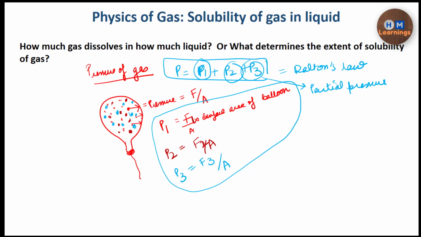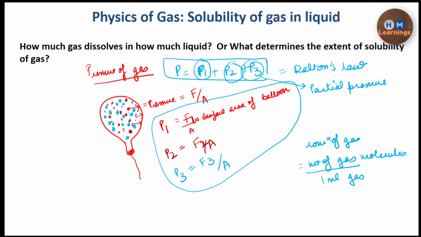Okay, now what is the relation between pressure and concentration? As I said, I already talked about concentration of gas, that is the number of gas molecules per unit volume of gas. Suppose you have increased the number of gas molecules of a particular gas inside the balloon.